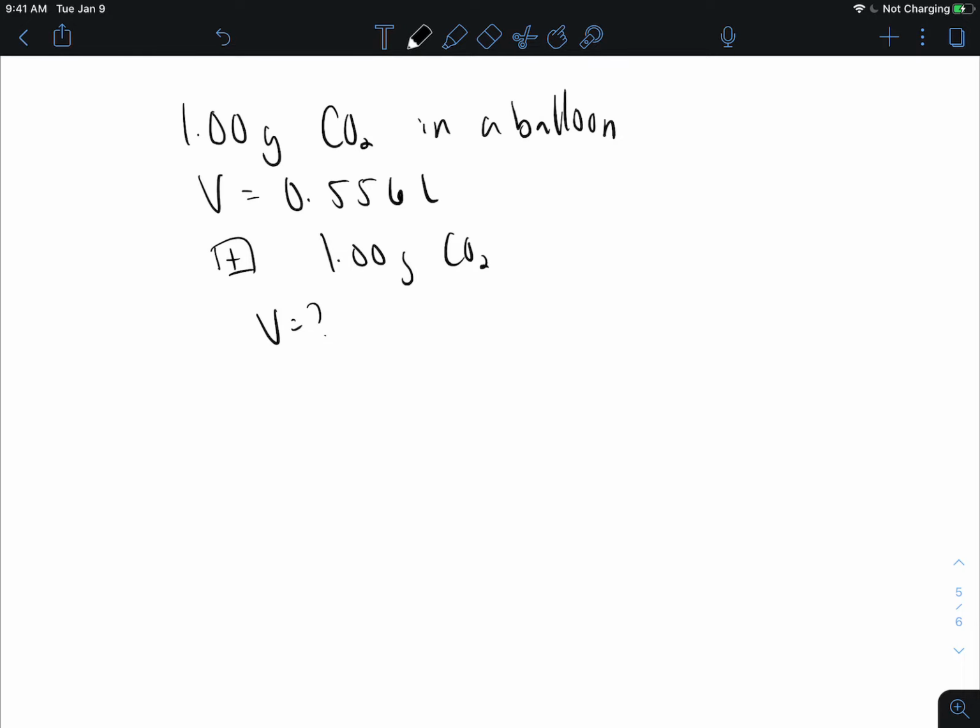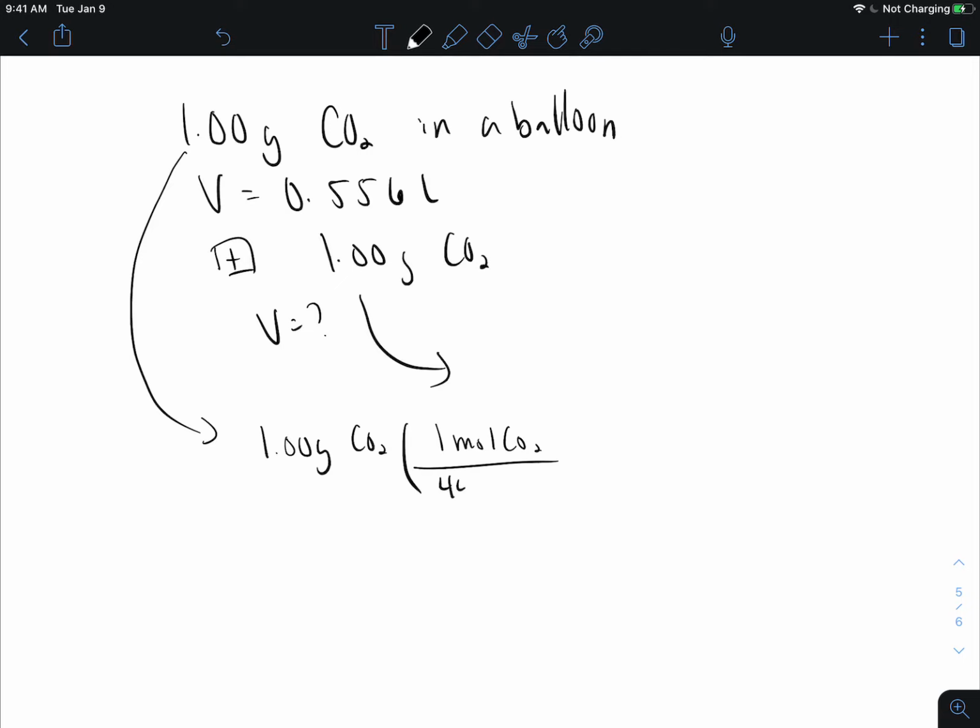So the first thing we need to do is convert these into moles. So 1.00 grams of carbon dioxide, use our molar mass.